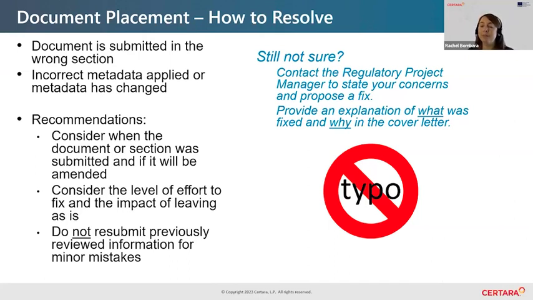If it was a minor mistake that's not affecting the overall review of the submission application, consider if it's really worth fixing, or if it was so long ago and very minor that it's not really affecting the overall review. It maybe doesn't need to be resubmitted.